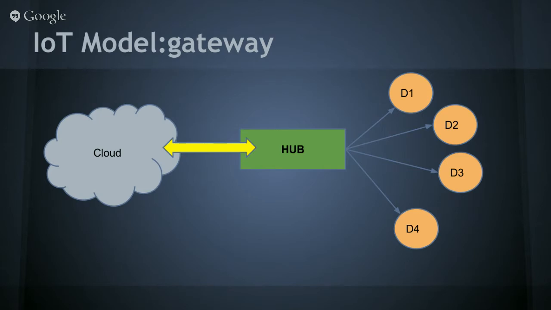Suppose you are thinking about home automation, like your coffee maker can switch on and off automatically based on the knowledge it has. And your washing machine, your fridge, your TV, all these things can connect to each other. But I don't want to expose all these devices directly to the cloud. One channel, one hub, through that it will connect.